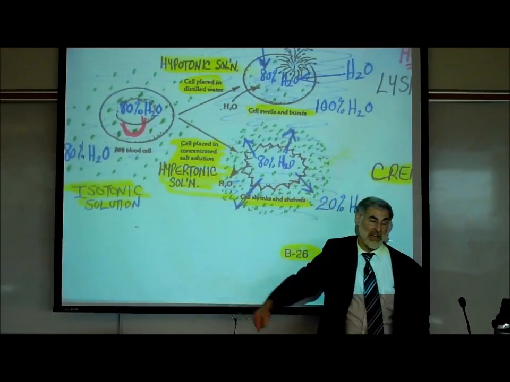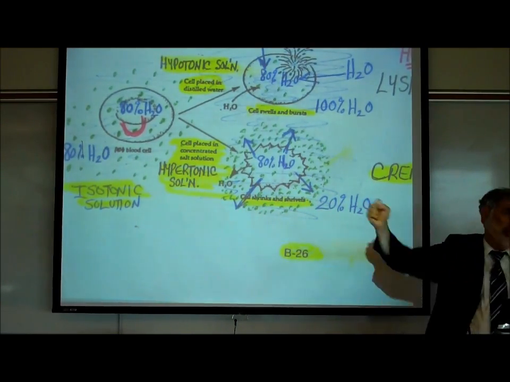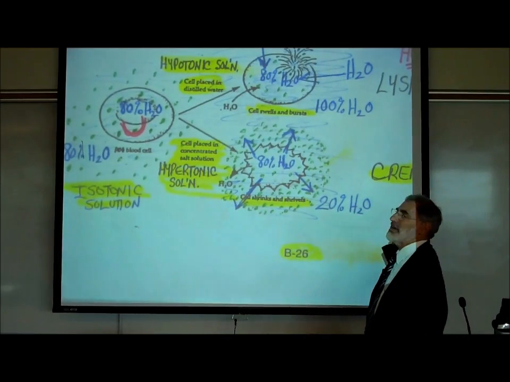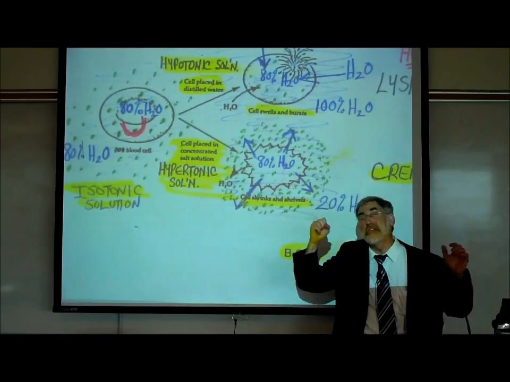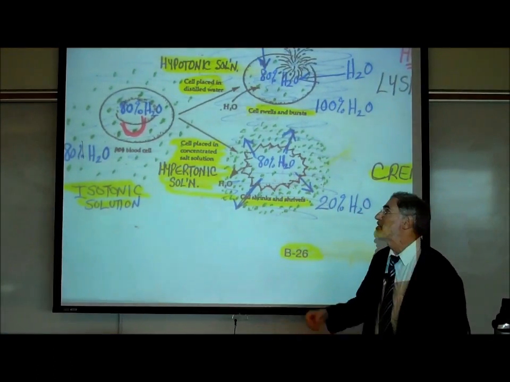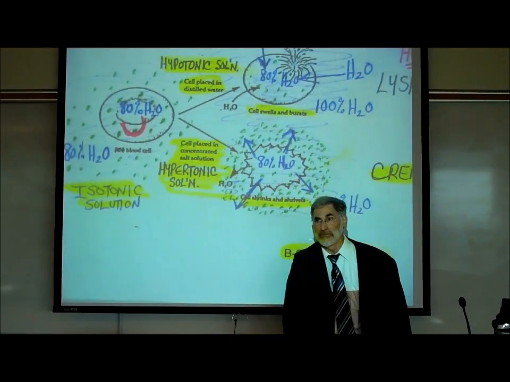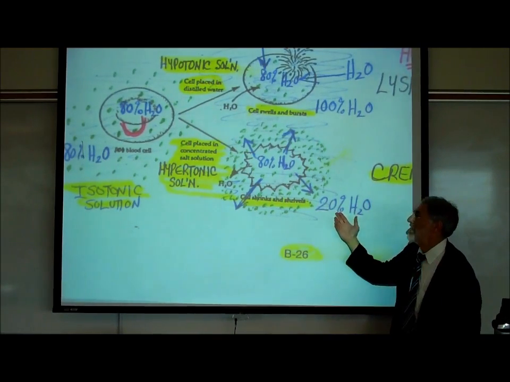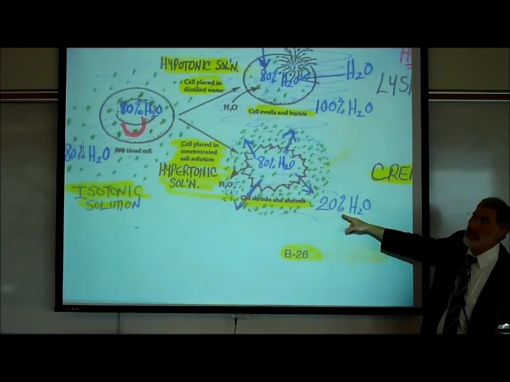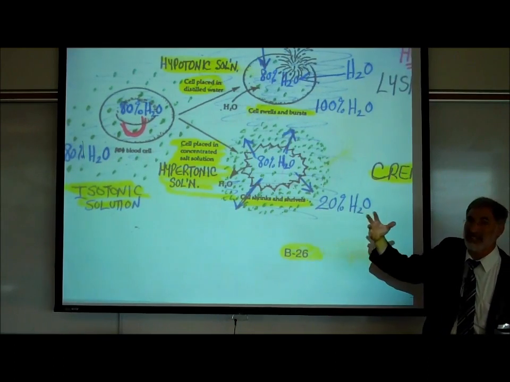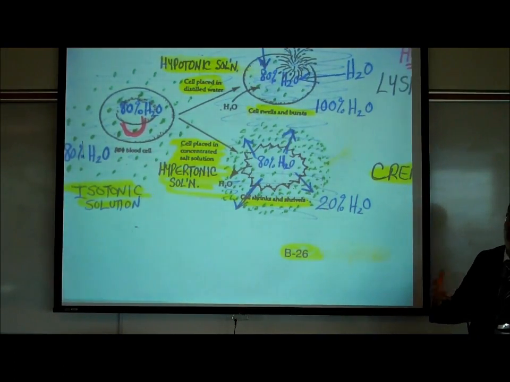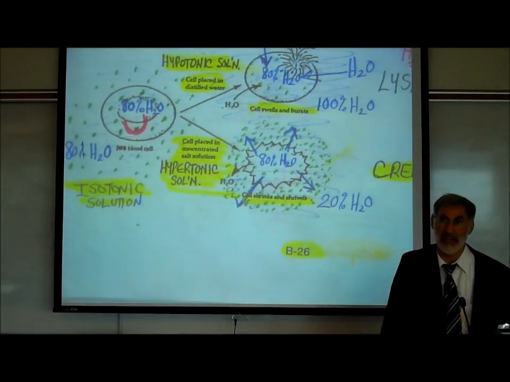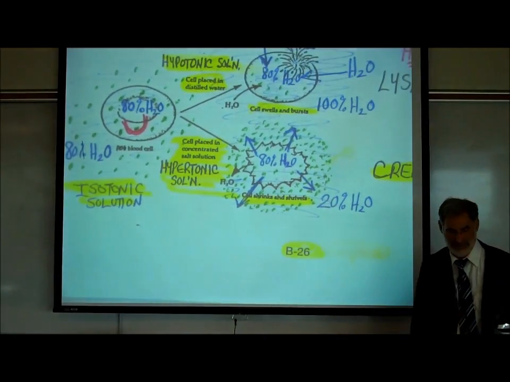It could have been concentrated in sugar, or protein, or a combination of sugar and salt and protein. The bottom line is there's not much water. I made up an example. Imagine this solution is only 20% water, 80% solutes. Sugars or salts or proteins or a combination of those, but it's only 20% water.